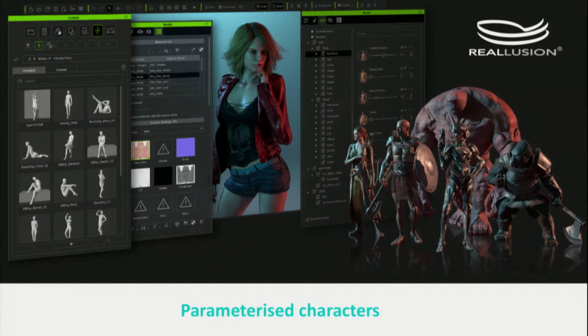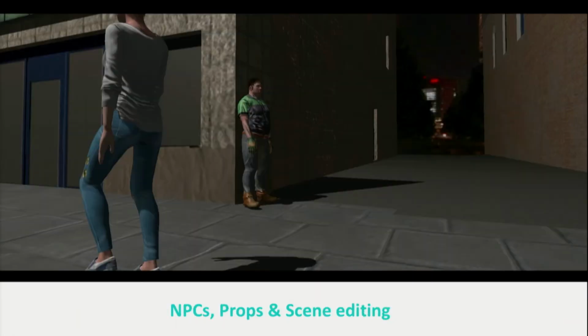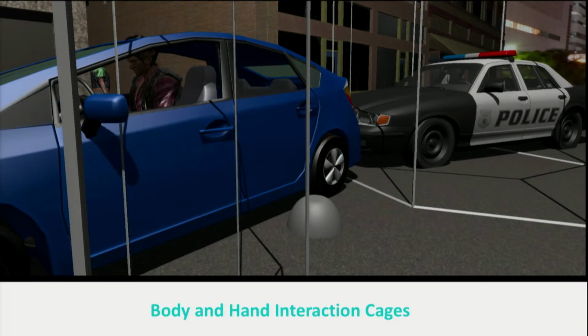The avatars you see in real time with PBR lighting are pretty impressive characters. You can ramp the level of detail up and down whether you're targeting mobile or WMR. Obviously the motion capture, you get that as part of the deal. Our system allows you to place all your NPCs, your props, and do all your scene editing. And then you can set up all your body and hand and look cages.